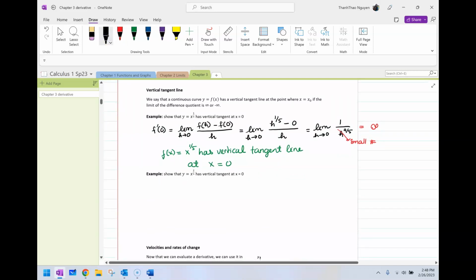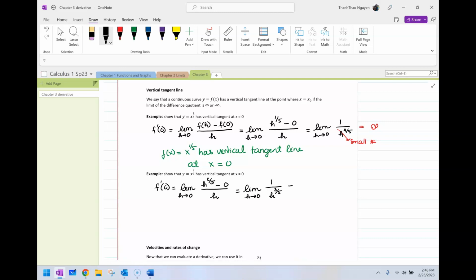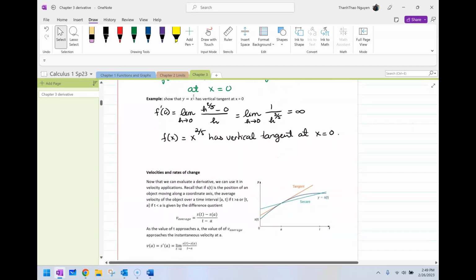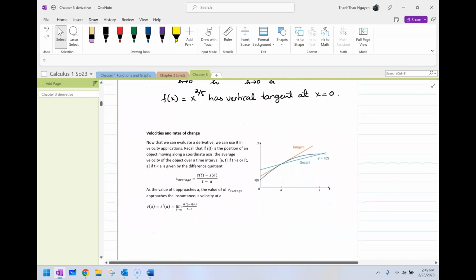Similarly, for the next problem, let's talk about velocity and rate of change.